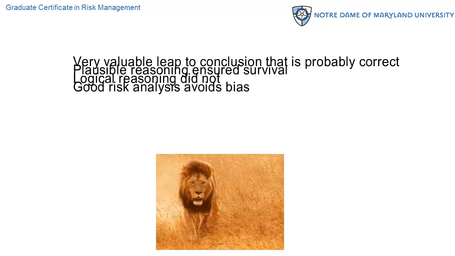What happened was the plausible reasoner, the person who heard the noise and said, "I'm getting out of here," and ran away, that's who contributed to our DNA. Logical reasoning did not do that. Good risk analysis is trying to avoid the plausible reasoning that bias causes and to rely more on logical reasoning.